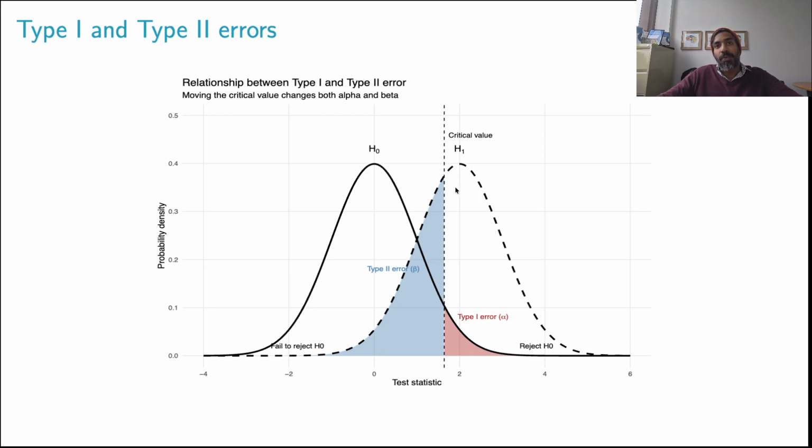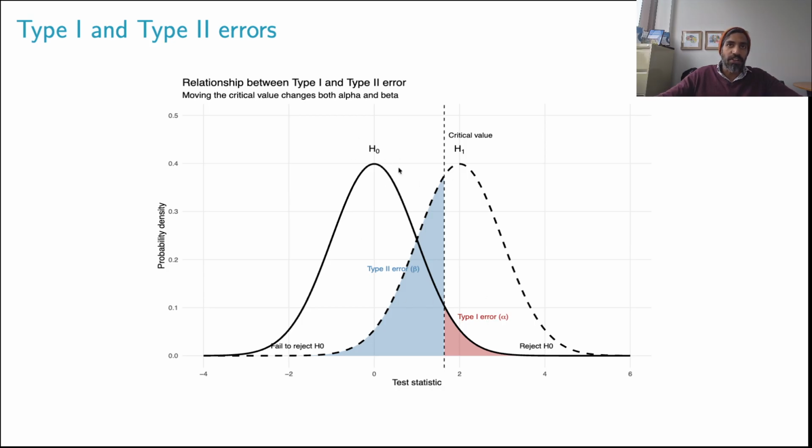Everything on the right of this blue line, 1 minus beta, is, because under a normal distribution the area is 1, your ability to detect an effect, should an effect be there. So 1 minus beta is your power, and that's the relationship between alpha, beta, your type 2 error, and power.